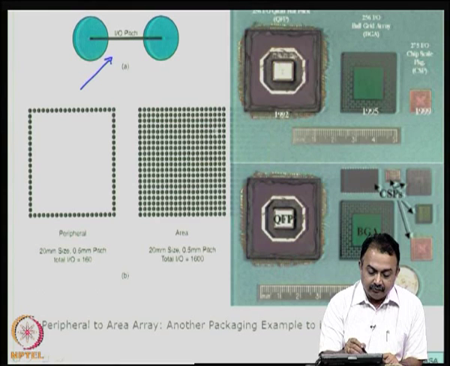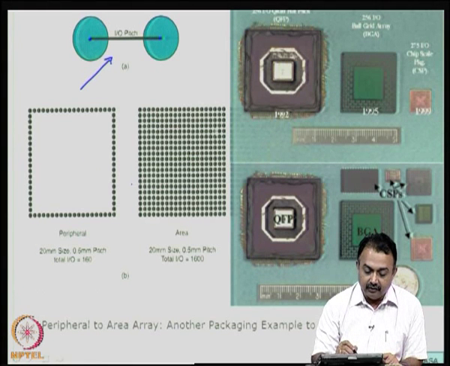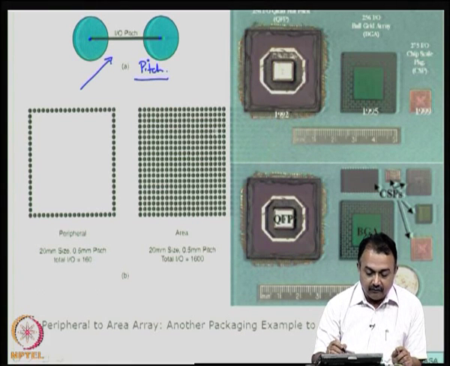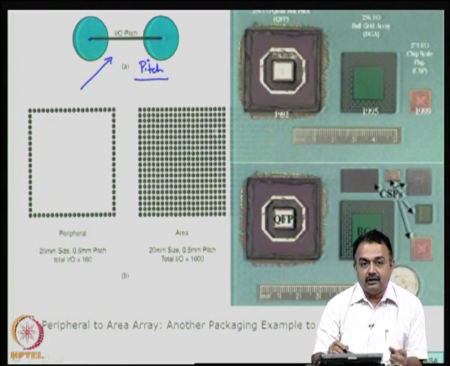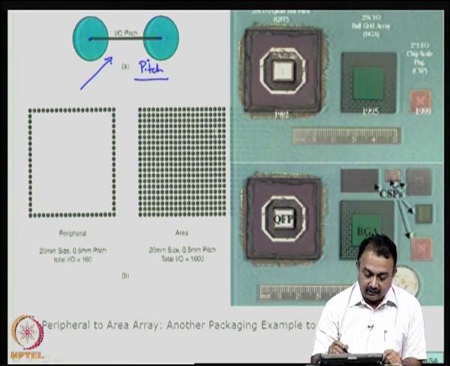If this is the center point of a bond pad or an IO, and here again this is the center point of the adjacent pin, the distance between the midpoint of the first and the second, the distance between these two is known as the pitch. Pitch will give you a very good information about the sizes, and the pitch also relates to the assembly techniques that you need to use, and it also indicates the capability of handling these packages.